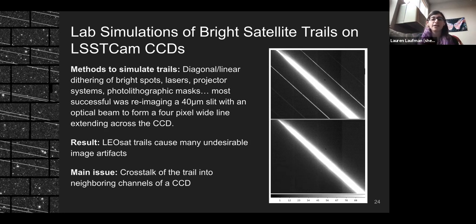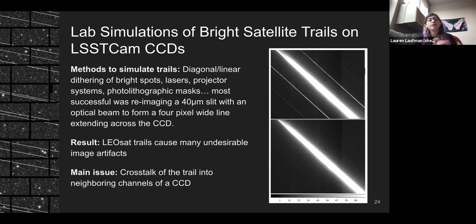So they tried several different things like dithering of bright spots, shining a laser in it, projector systems, so much stuff. And eventually they found that re-imaging a 40 micrometer slit with an optical beam to form a 4-pixel wide line extending across the CCD, which is a slight tongue twister, was optimal.